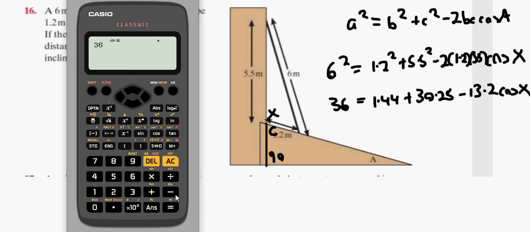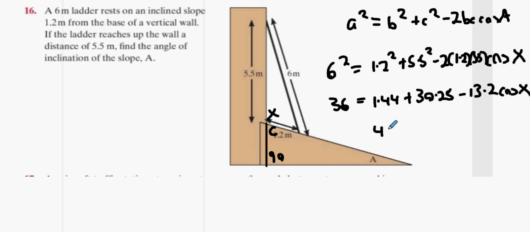So 36 take away 1.44, take away 30.25, and we get 4.31 equals minus 13.2 cos X. Just divide by 13.2.